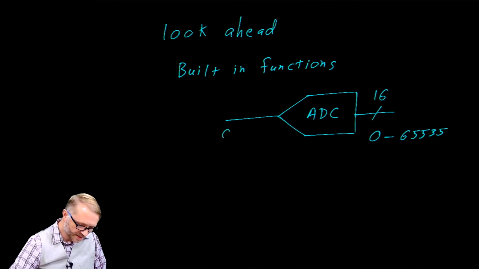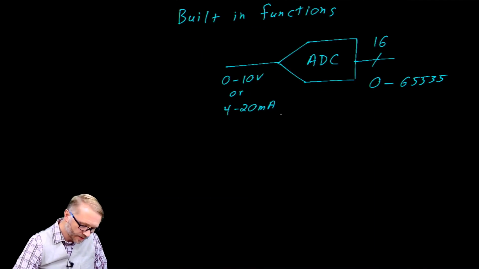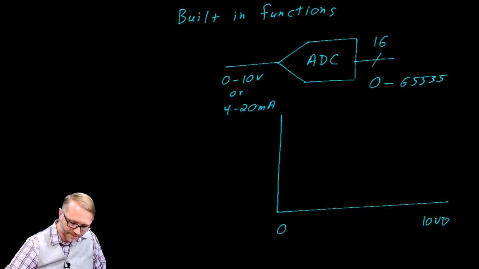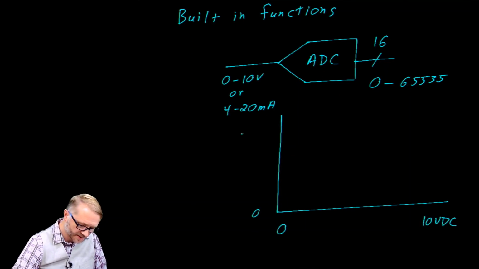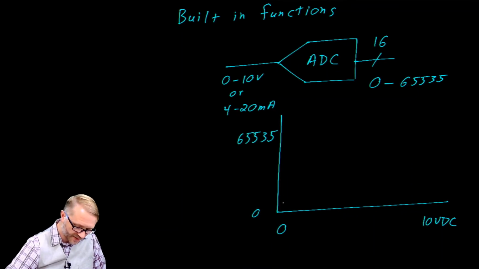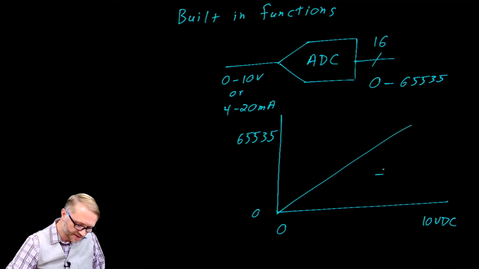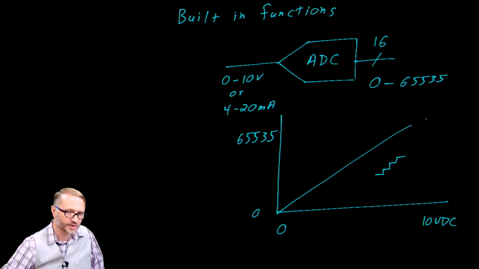If we assumed a 0 to 10 volt input or a 4 to 20 milliamp input, we could draw a chart showing the relationship. Here, 0 to 10 volts DC maps to 0 to 65535 with a linear relationship between the two. It's not actually linear, it's stair-steppy, it's discrete, but for our purposes, it's as good as a straight line.